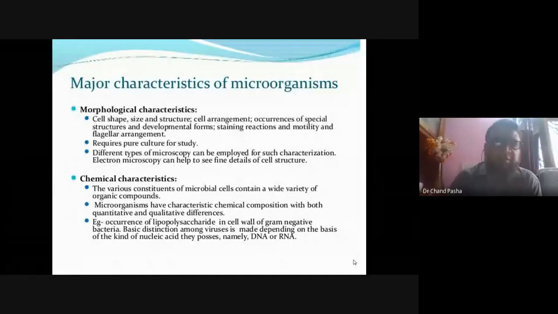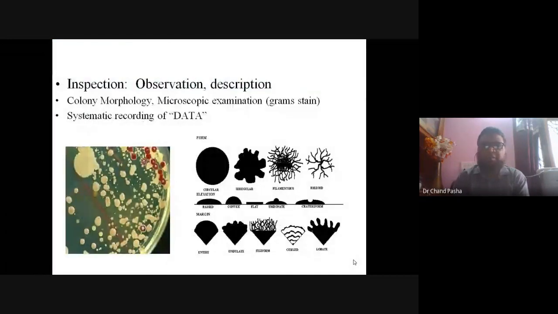Whereas from growth features, you get what type of colony you have. Just see, these are the different colonies. This is growth morphology. These bacteria are grown on the media, and we classify them based on the features. See, there are some pigmented bacteria also. That is one of the features.